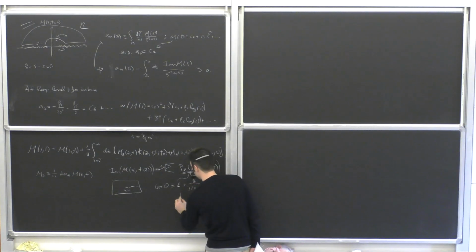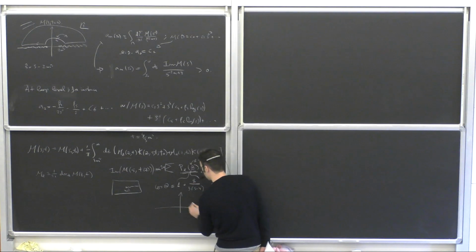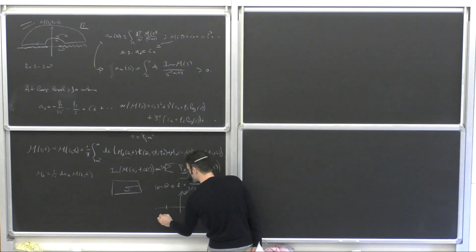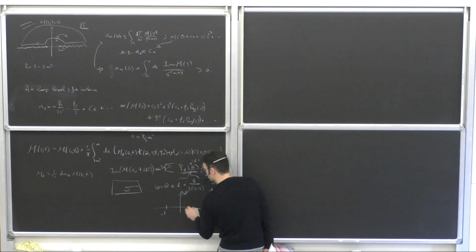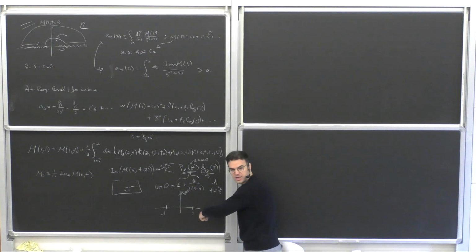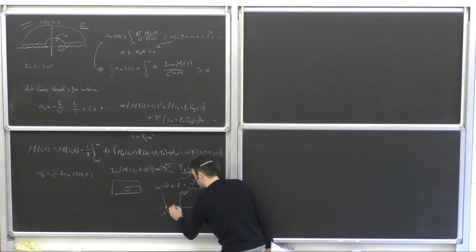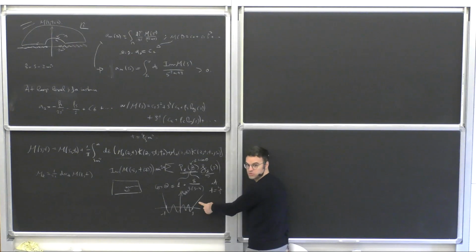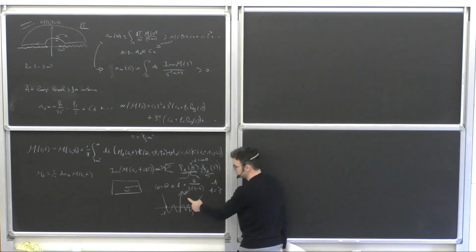And now if you remember the PLs of z are functions that look like so. For various L's, they oscillate inside the interval, but they shoot off to positive values at z larger than 1, okay? And this is true for any L, okay?